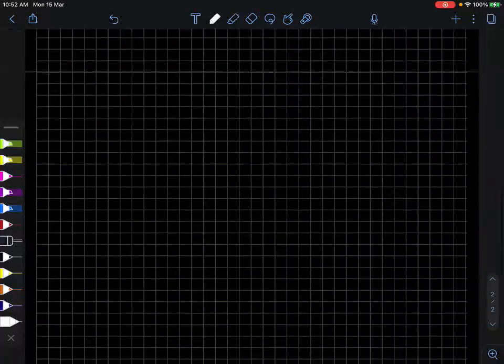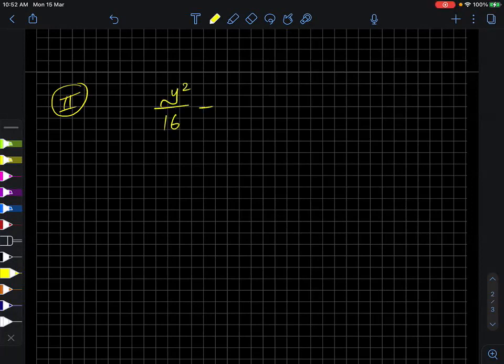Now let's move on, guys, to the second case. The second kind of equation for hyperbolas, which is y squared over, for example, 16 minus x squared over 9, equals 1. So when I see that the right hand side is 1 and the y comes first with a positive sign, as you see here, the y has a positive sign. So what should we do, guys?